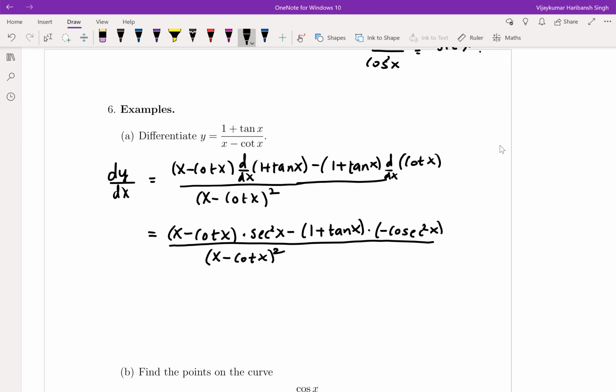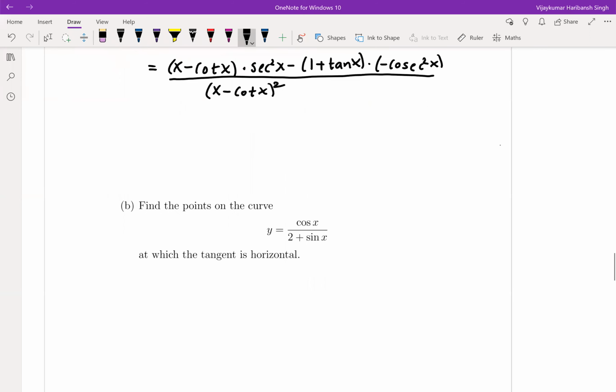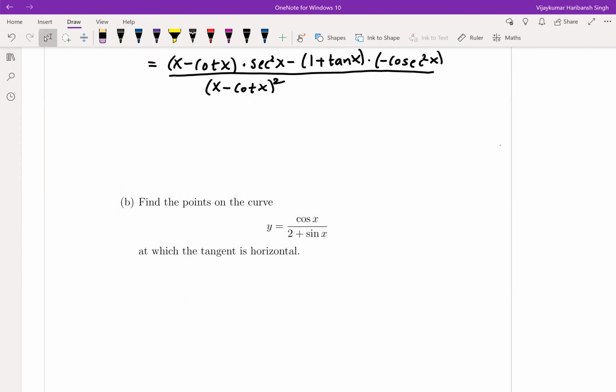Now, next problem. Find the points on the curve where y equals cos x divided by 2 plus sine x, at which the tangent is horizontal. So we want to find out the points on the curve.